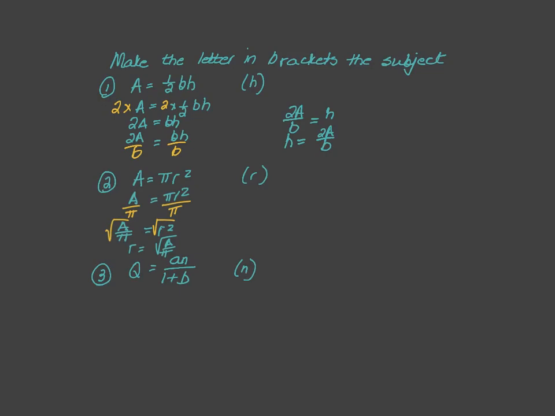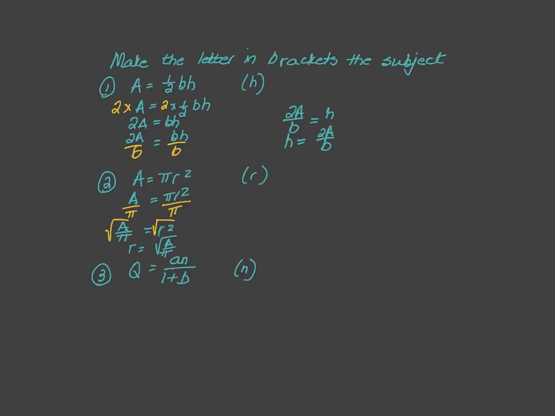Question number 3. Q is equal to an over 1 plus b, and n must be the subject of your formula. So our n's really wrapped up at the top there. The first thing to do is to multiply both sides by 1 plus b, so I can get rid of my fraction.